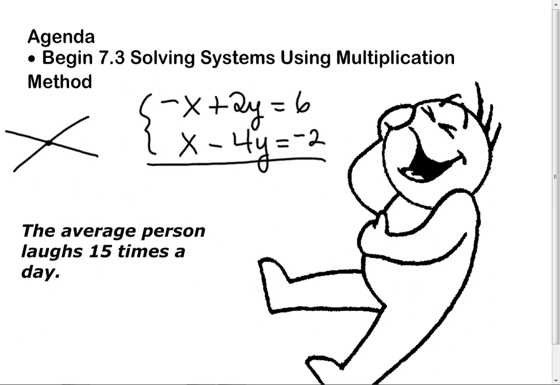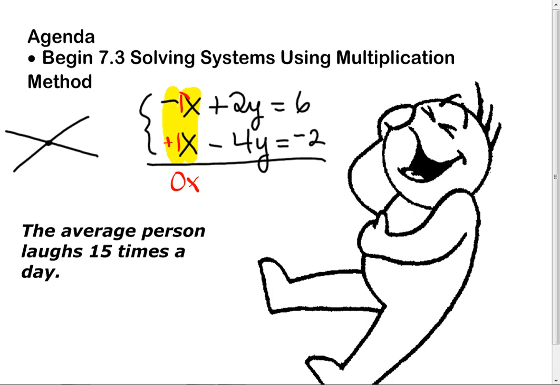What's true when we add these, because this is the whole thing today, what was true about these? Why did they cancel out? Positive and negative what? 1. We added these, a negative 1 and a positive 1 adds up to 0.